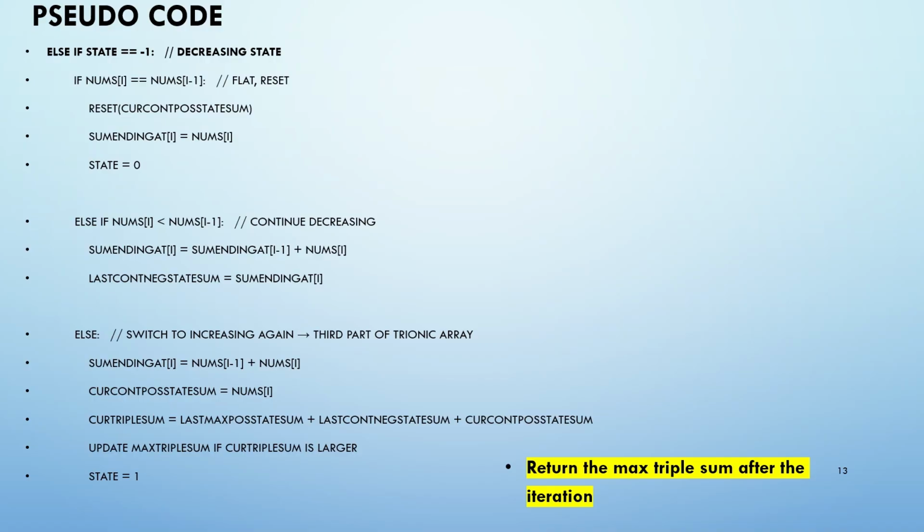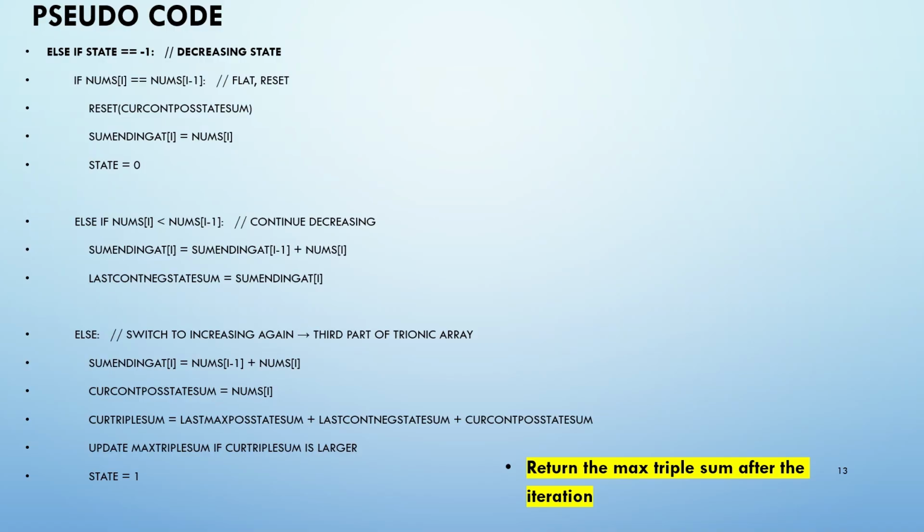You will go back to the neutral state and you will set the sum ending at I to the array value, which is nums of I. But if you see a decreasing trend, which means the current element is less than the previous element, which means you are already in the decreasing state and now you are encountering a smaller element, that means you will simply continue in the same state, which is minus 1. You will increment the last continuous negative sum by adding nums of I, and the sum ending at I again will be incremented by nums of I.